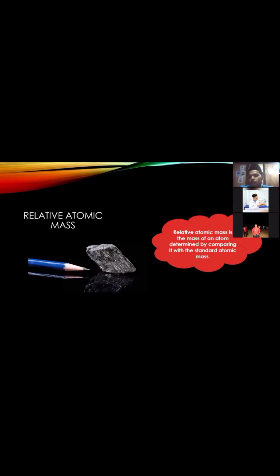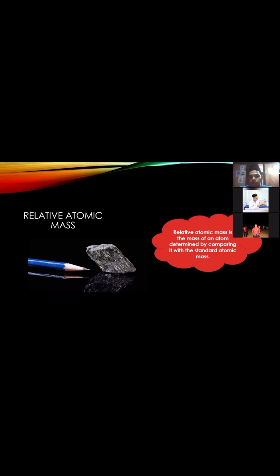Relative atomic mass, or Ar, is the mass of an atom determined by comparing it to the standard atomic mass. Relative atomic mass is abbreviated to Ar, based on IUPAC, the International Union of Pure and Applied Chemistry.